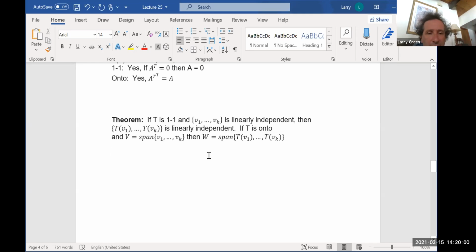Okay, so that says that if you have one-to-one, then linearly independent vectors get sent to linearly independent vectors.